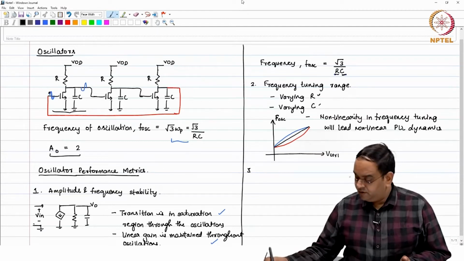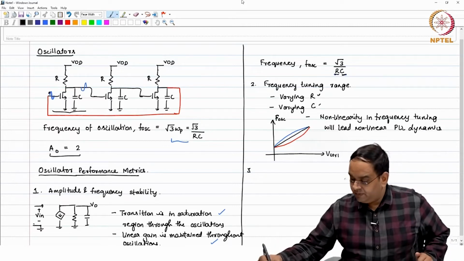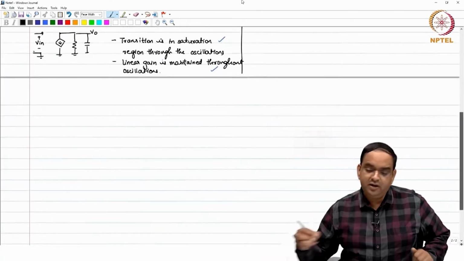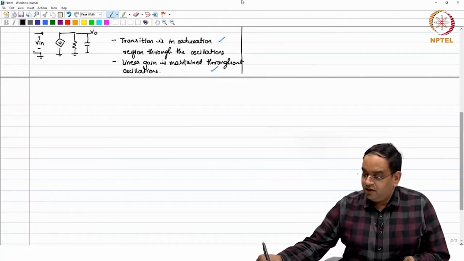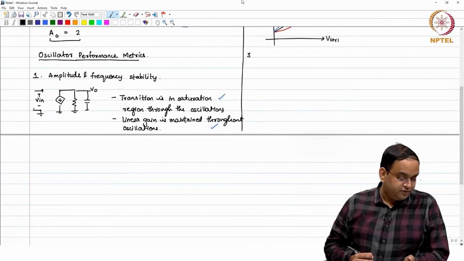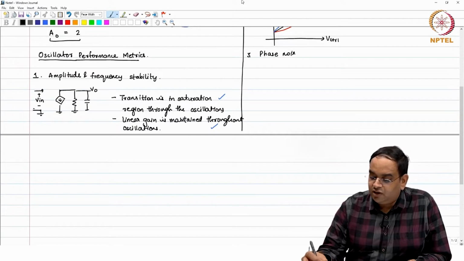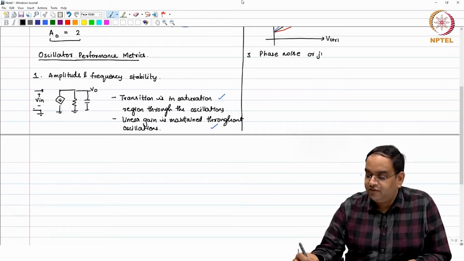The third thing which we would like to know, we will go about with this amplitude and frequency tuning about this particular oscillator, how we can do it in a while. But the other metrics which we are interested in is the phase noise or jitter performance for the oscillator.